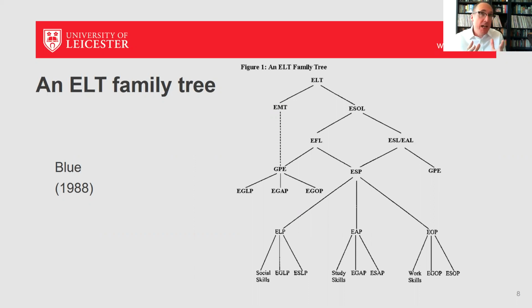In the middle you have CLIL, which is content and language 50-50, and over on the other side you have some variation of ELT, probably EAP, English for Academic Purposes, which is all about the language and or study skills. And that's certainly true as a way to describe that continuum from content through to language.